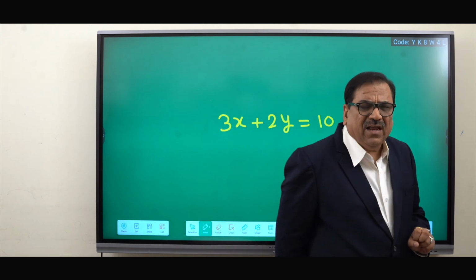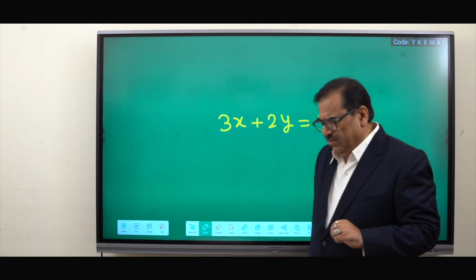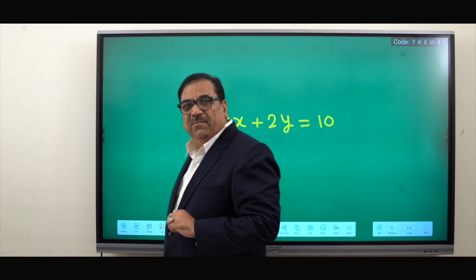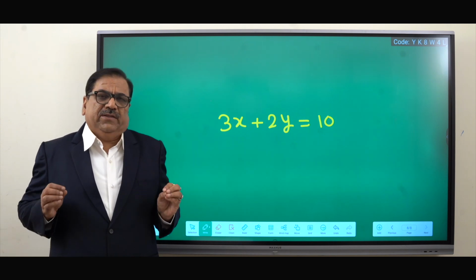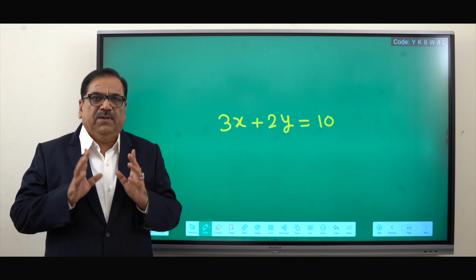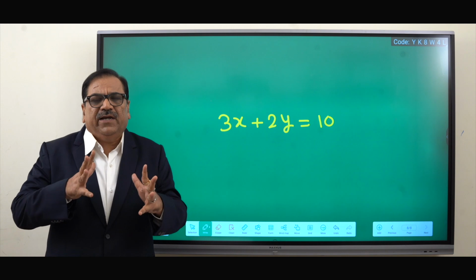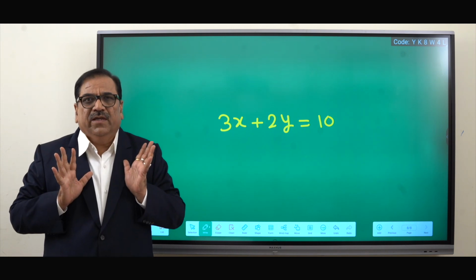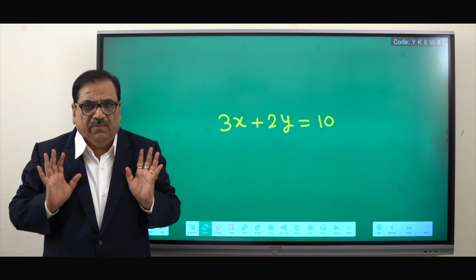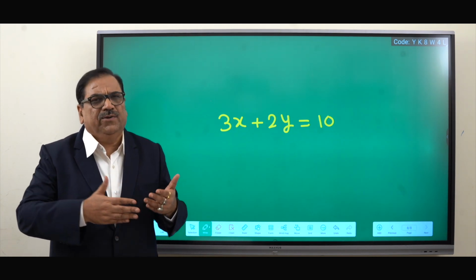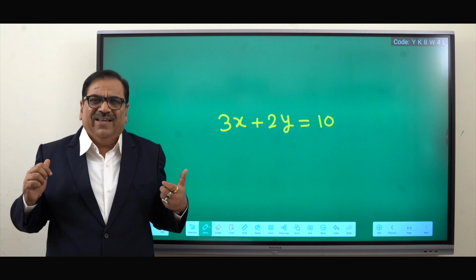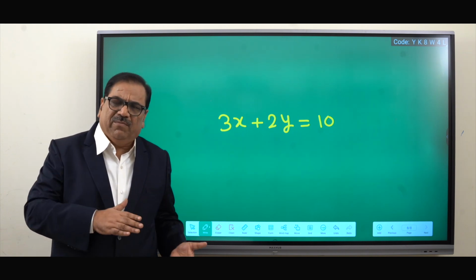Friends, there are three methods of solving simultaneous equations. The first method is to eliminate one variable, and the other equation will be converted into a linear equation, and you will get the value of one variable.